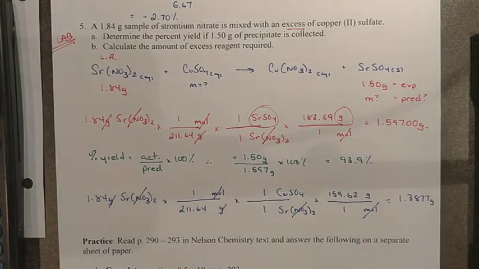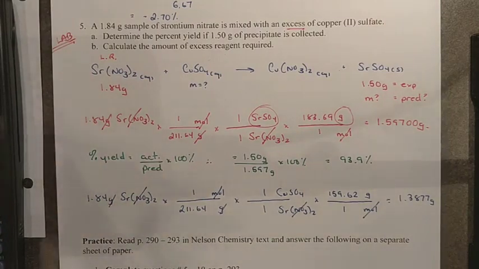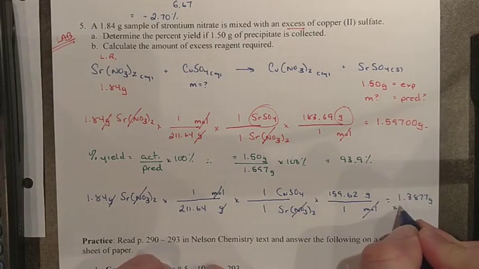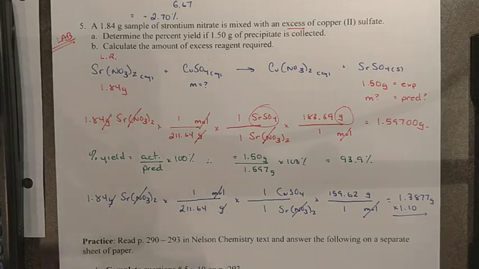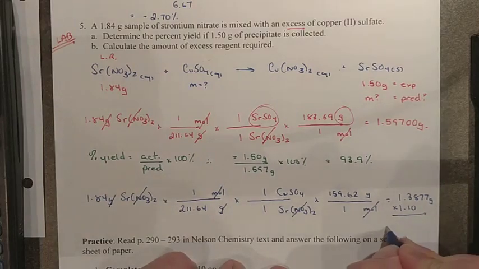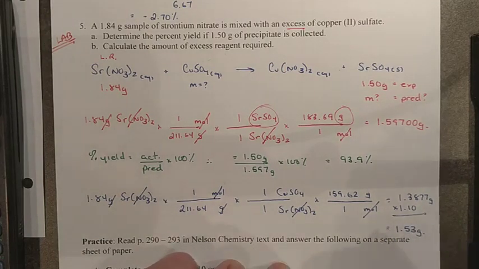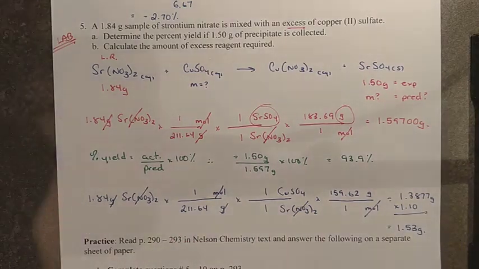Now remember, we're using a 10% excess rule, so we need a little bit more than this to ensure that the whole reaction happens quickly. So I would multiply this number by 1.10 whenever I'm trying to figure out what I should use for my excess reagent. And the best answer I would have is 1.53 grams when I round accordingly.